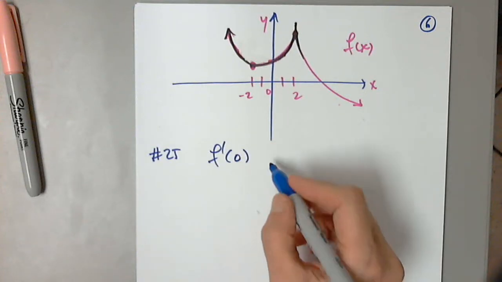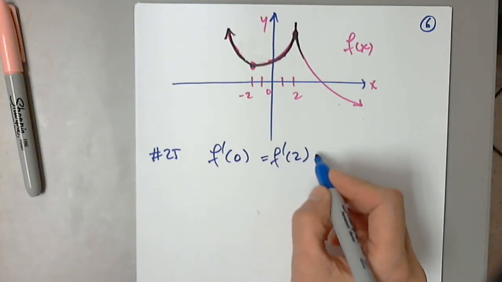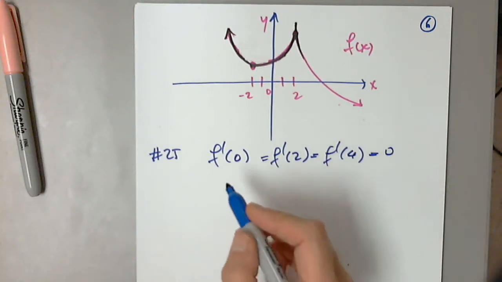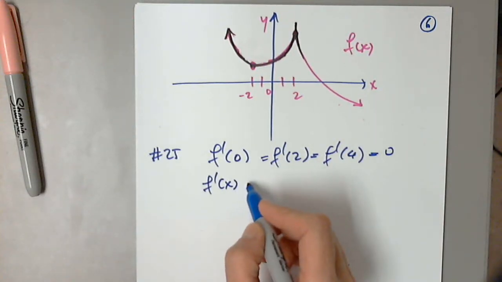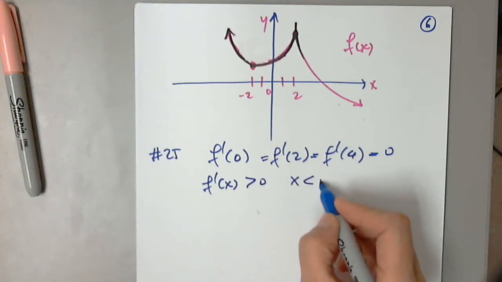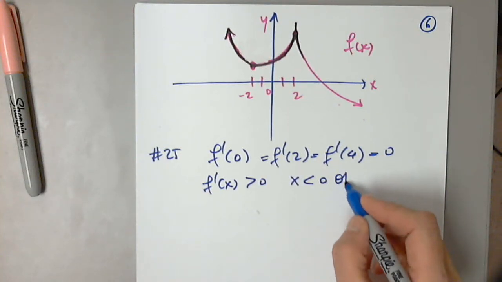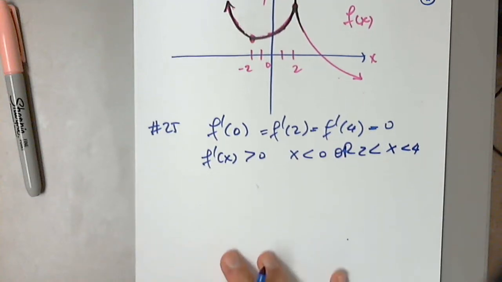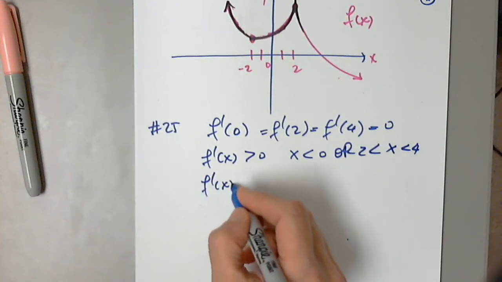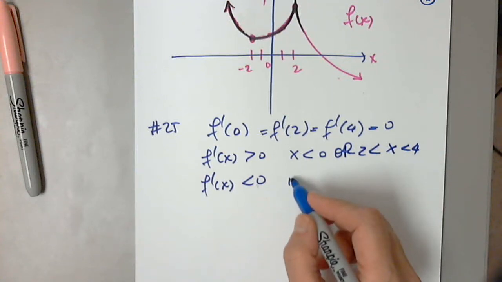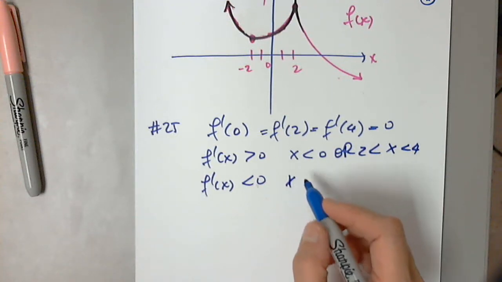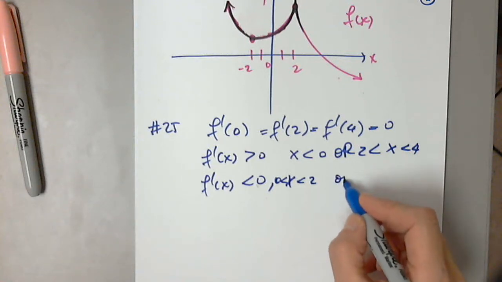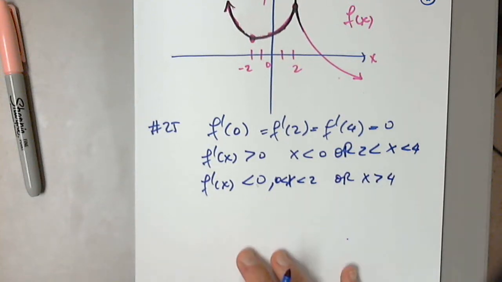F prime of 0 equals F prime of 2 equals F prime of 4 equals 0. F prime of x positive for x less than 0 or x between 2 and 4. F prime of x less than 0 for x between 0 and 2 or x greater than 4.